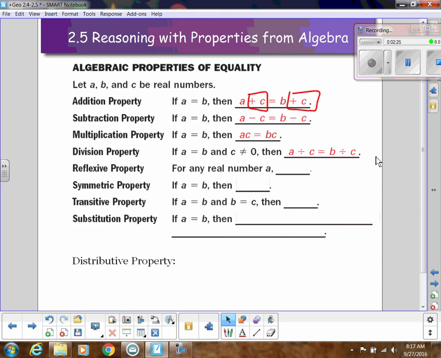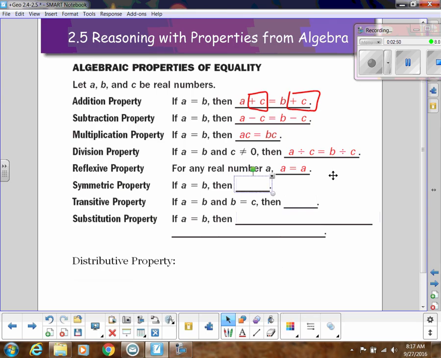The next one, the reflexive property of equality. This may seem obvious, but we'll be using it from time to time in our proofs. The reflexive property says if you just have any real number, it doesn't matter what that is, then a is equal to a. All right, so I know that's just like, why would we ever need that? But sometimes we'll need to show that something is equal to itself.